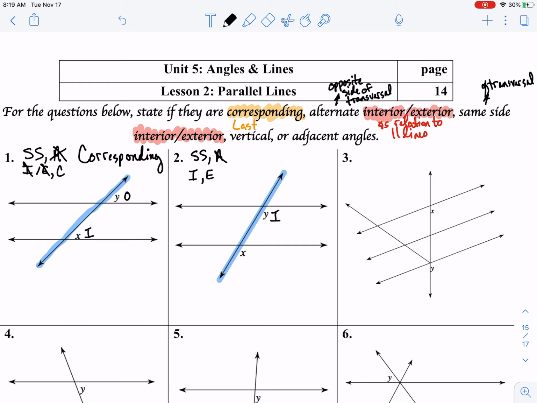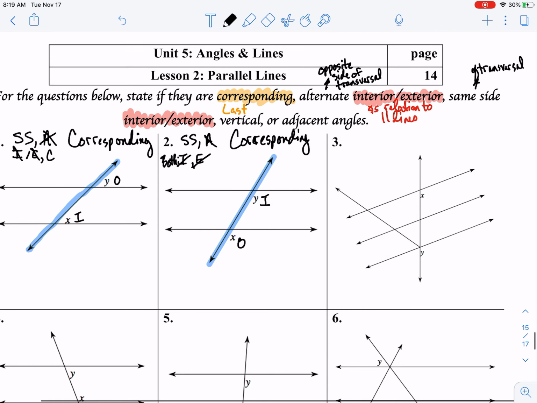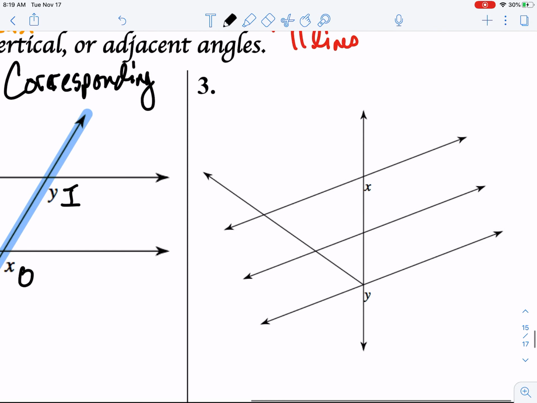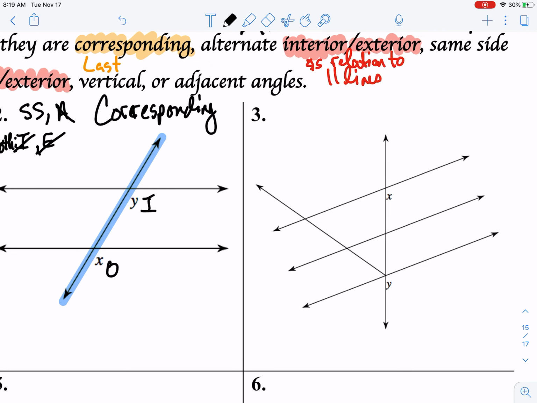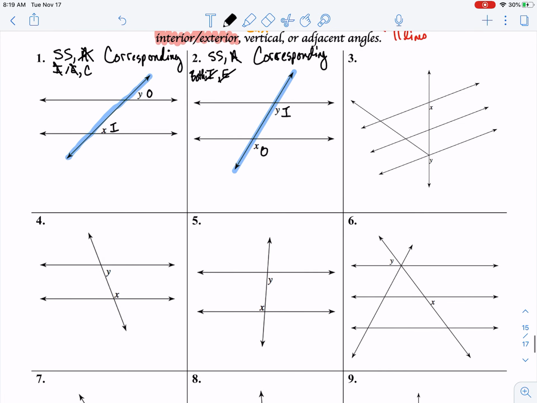Y is inside, X is outside, so they're not both. So that means this is also a corresponding pair of angles. All right. Here, I try and trick you. Let me actually wait, and we'll come back to 3.